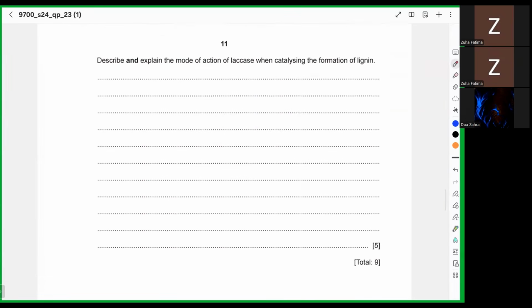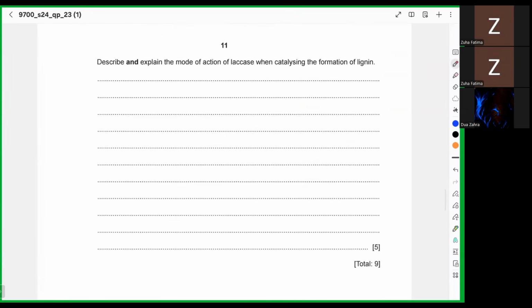We'll first mention the name of the model, which is the induced fit model. Then we'll describe what happens in the induced fit model, allowing for the catalyzation of the lignin molecule. So the enzyme laccase uses the induced fit model.